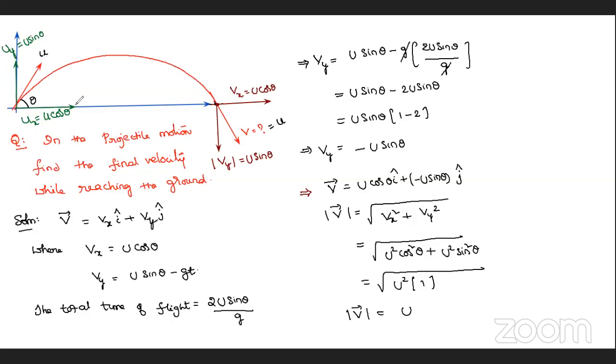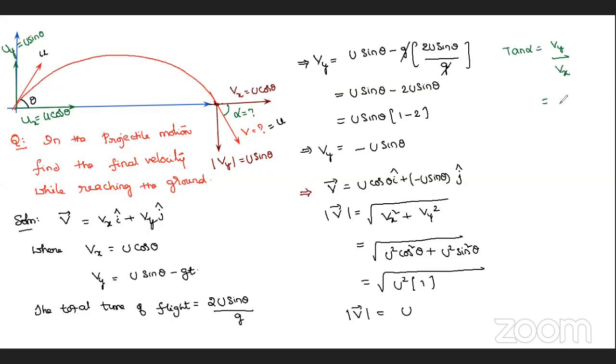Since the two magnitudes are equal, horizontal and vertical, you may say that here it strikes the ground with what angle? Say suppose alpha, you can prove that it equals theta. Using the formula, tan alpha equals the opposite side, that is Vy, if I complete it as a rectangle here, by the adjacent side, that is Vx.